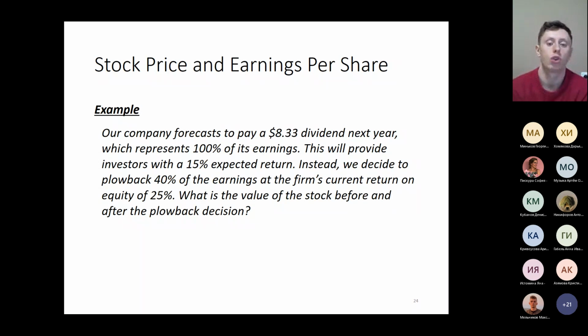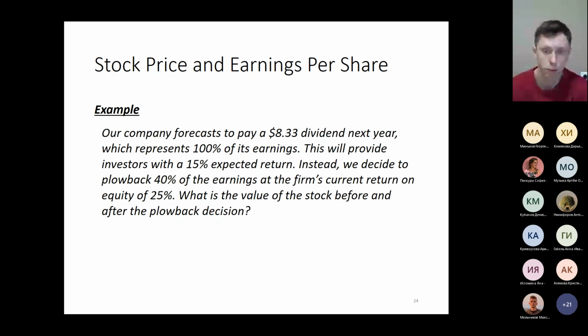Now let's talk about the effect of reinvestment and growth, and how they are related. Our firm forecasts a dividend of 8.33 next year, which is 100% of its earnings. So they plan to pay all money out as a dividend.